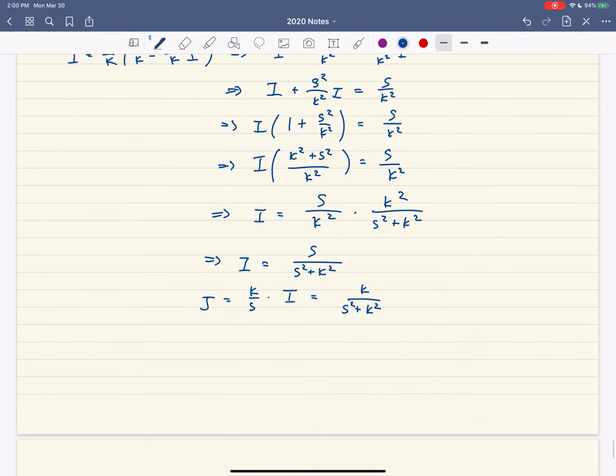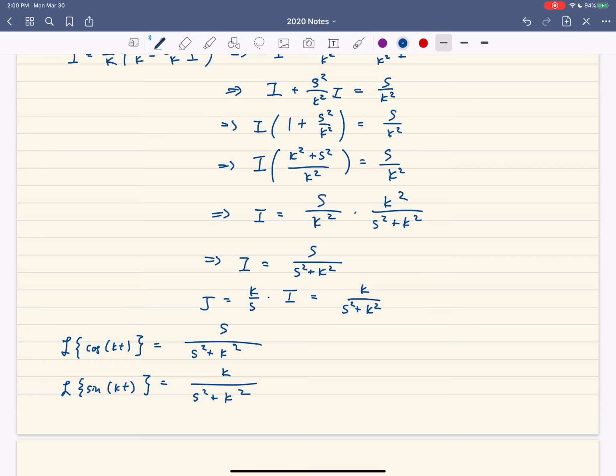So what we've just shown is two Laplace transforms, the Laplace transform of two separate but related functions. We just showed that the Laplace transform of cosine of kt, that's what we're calling I, is s over s squared plus k squared, and the Laplace transform of sine of kt is k over s squared plus k squared.